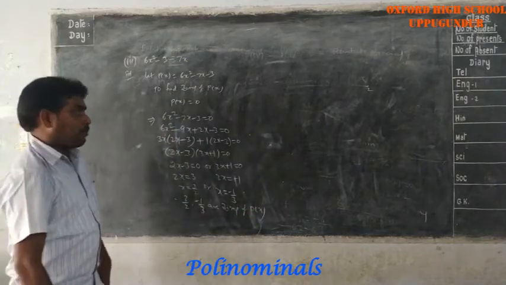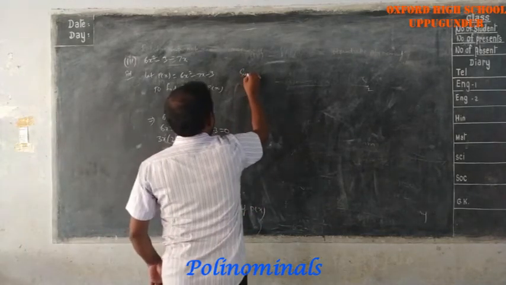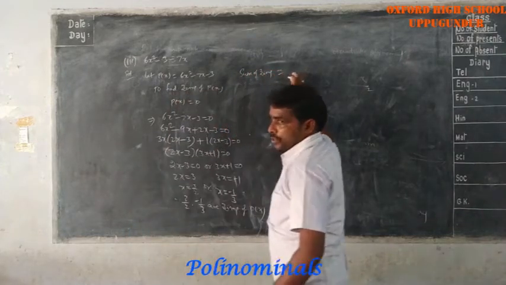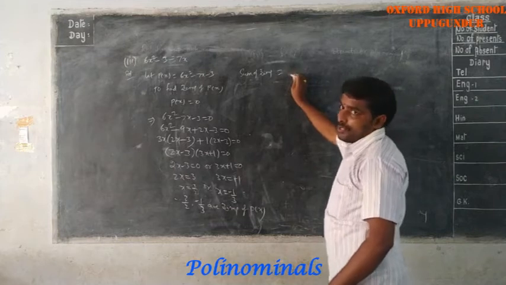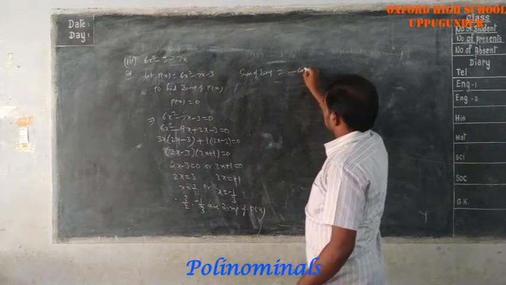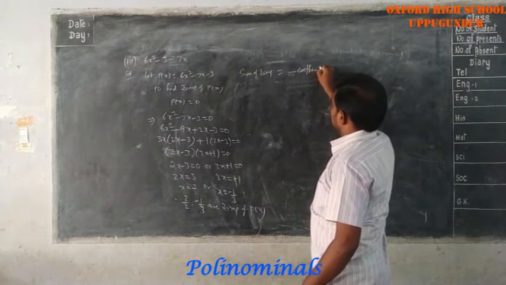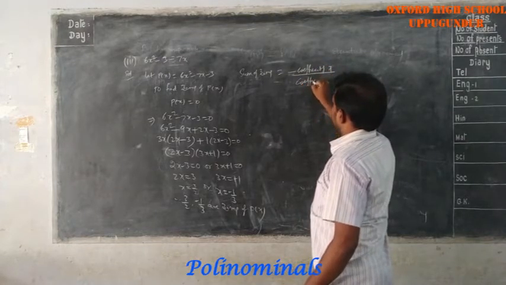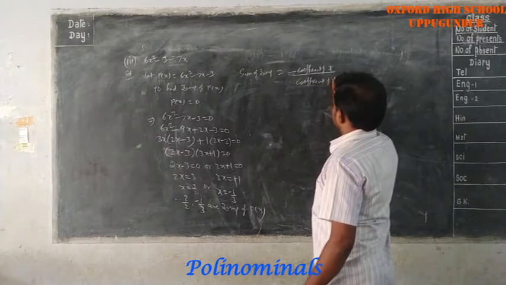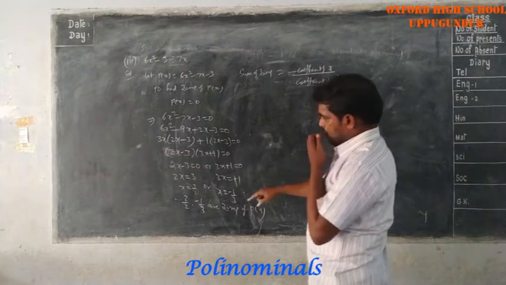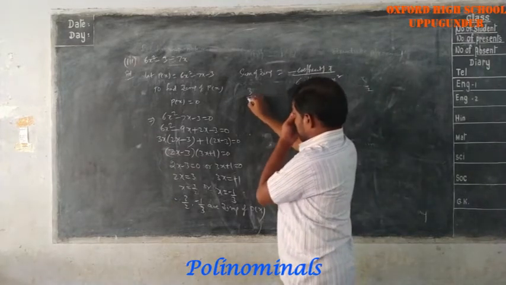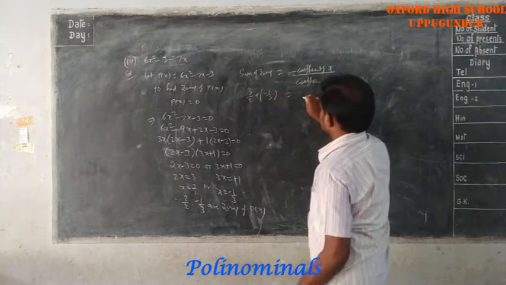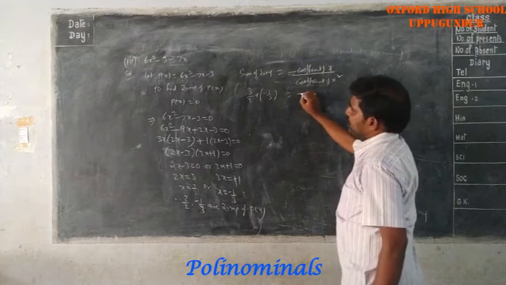Now you have to find sum of zeros and product of zeros. Sum of zeros: you have to verify with which coefficients? Minus coefficient of x by coefficient of x square. Sum of zeros: 3 by 2 plus minus 1 by 3 equal to minus, what is coefficient of x here?